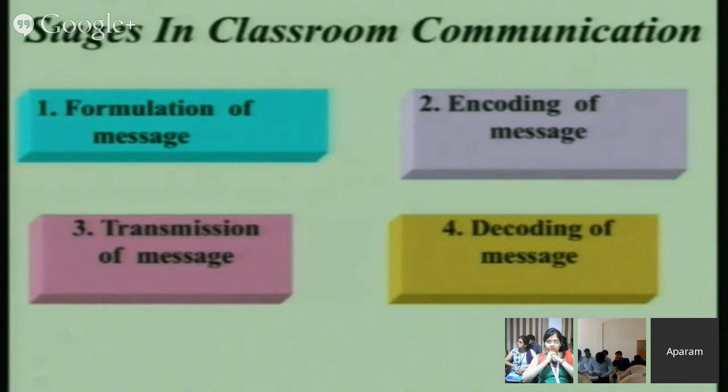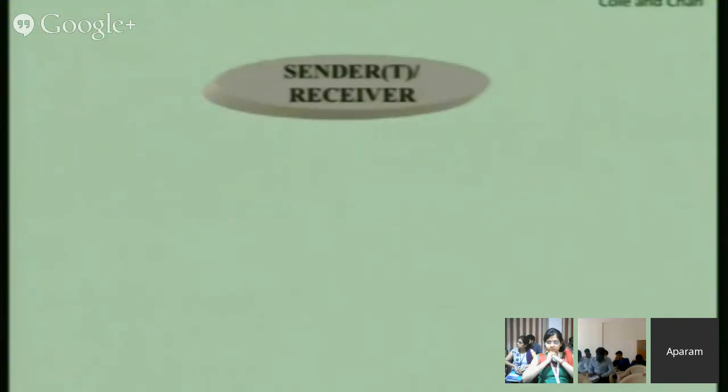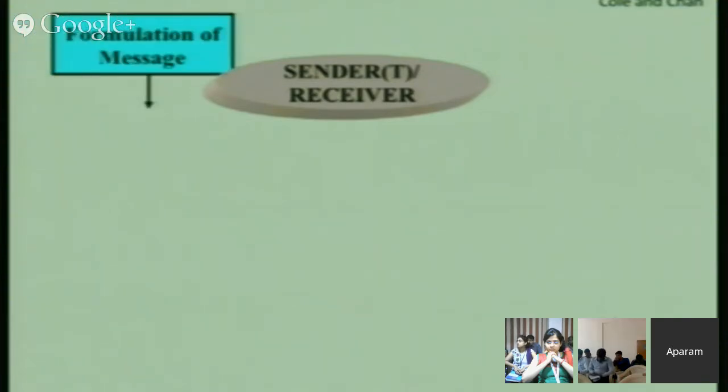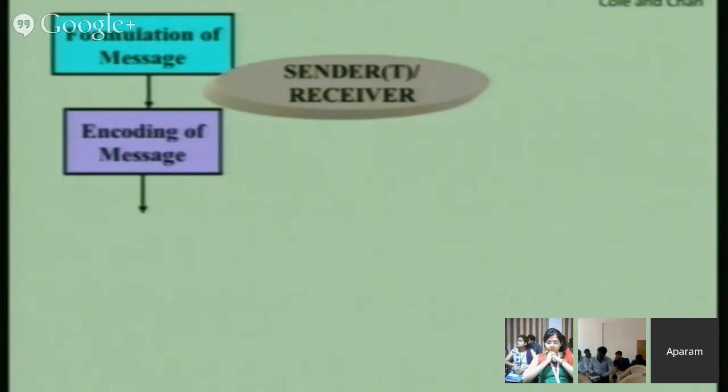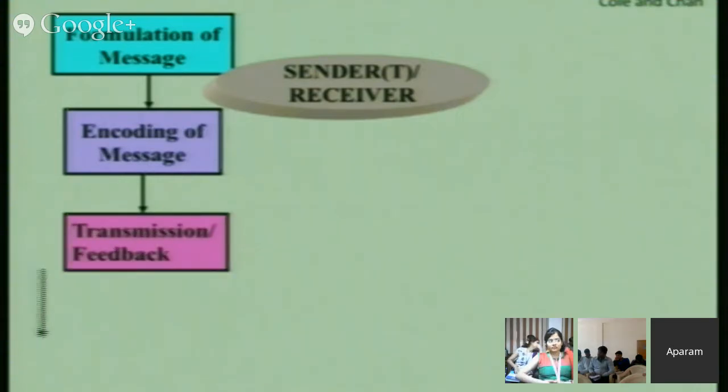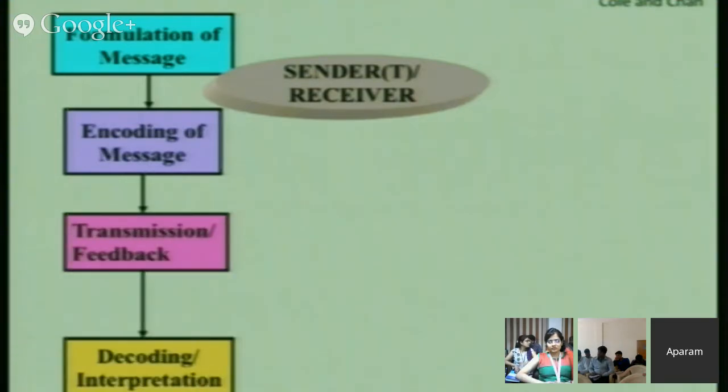Then decoding of the message is done by the students in the classroom and you try to receive feedback from your students. Now see how these stages are interrelated in classroom communication. The teacher is the primary sender of the message, right? And he or she is involved in formulation of message, encoding of message, and transmission of message, and interpretation or decoding is done by whom?